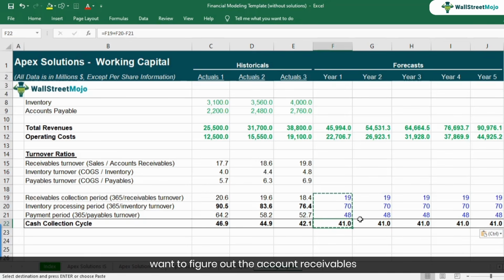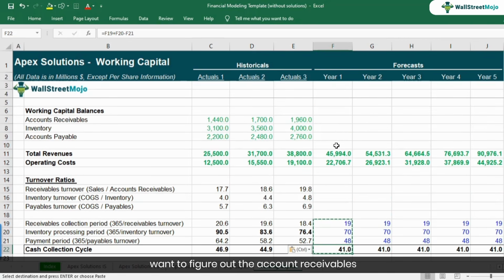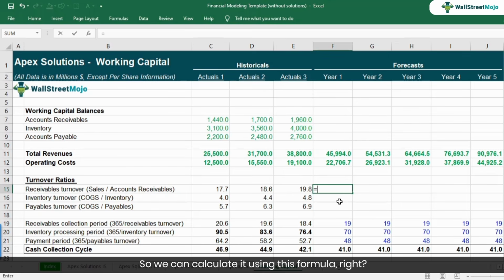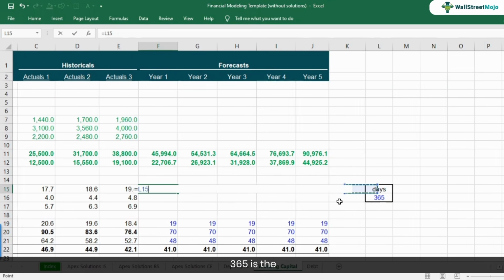Now I would like you to think about it: if we want to figure out the accounts receivable number, how can we do that? The first thing is to find out the turnover ratios individually, right? Can we do that? Yes, we can, because we already have the collection period, processing days, and the payments days, right? So we can calculate it using this formula.